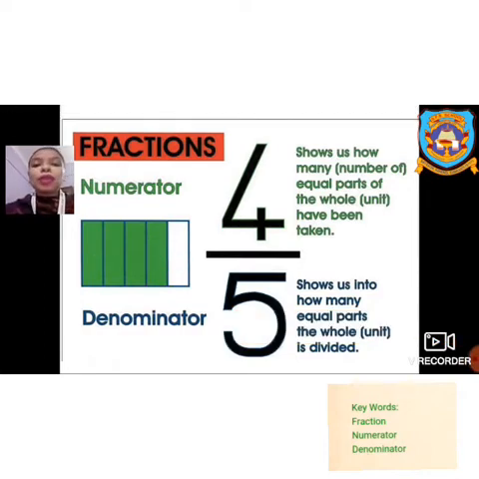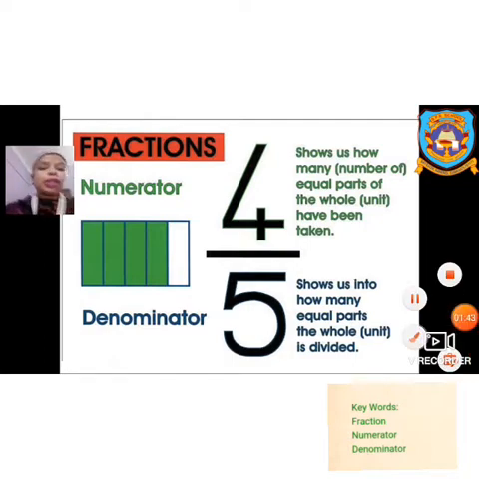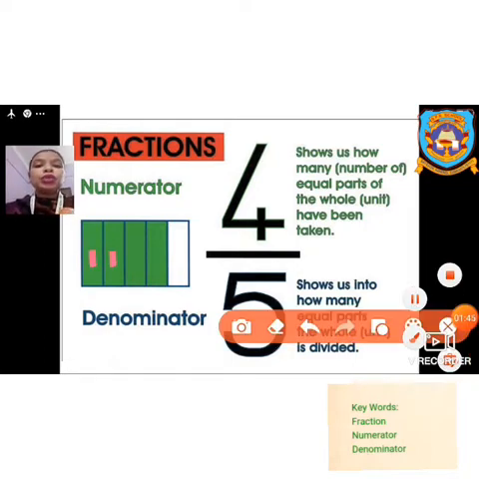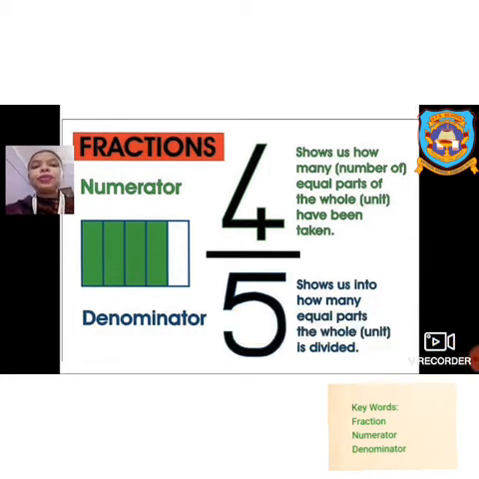Out of the 5 equal parts, 4 parts are shaded: 1, 2, 3 and 4. The total equal parts are 5. Out of 5, 4 has been shaded.